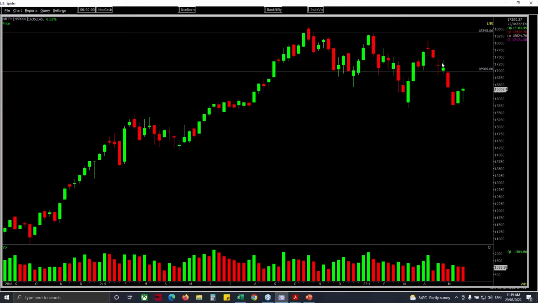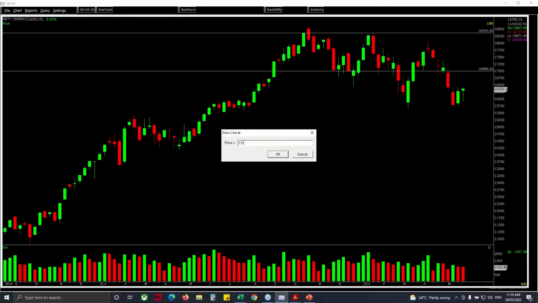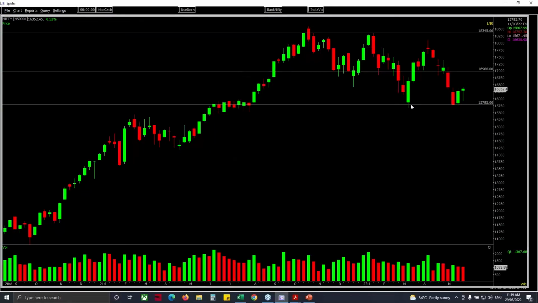Now, with this situation and again taking support of this low at 15,785, we can expect an initial retracement up to 16,980 in the coming days.